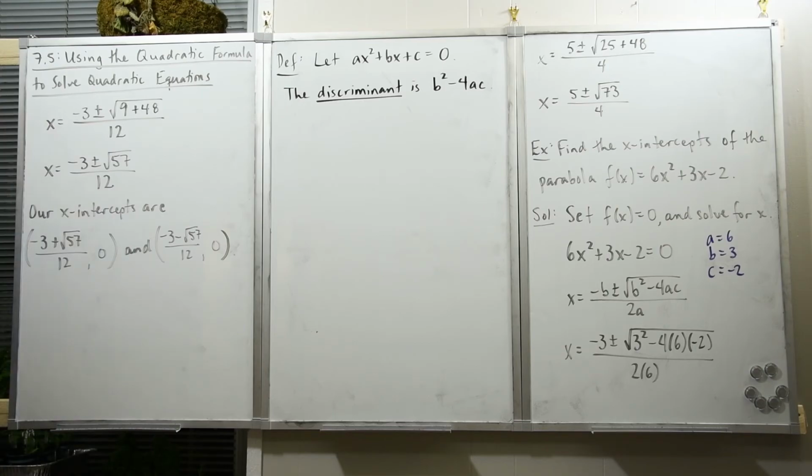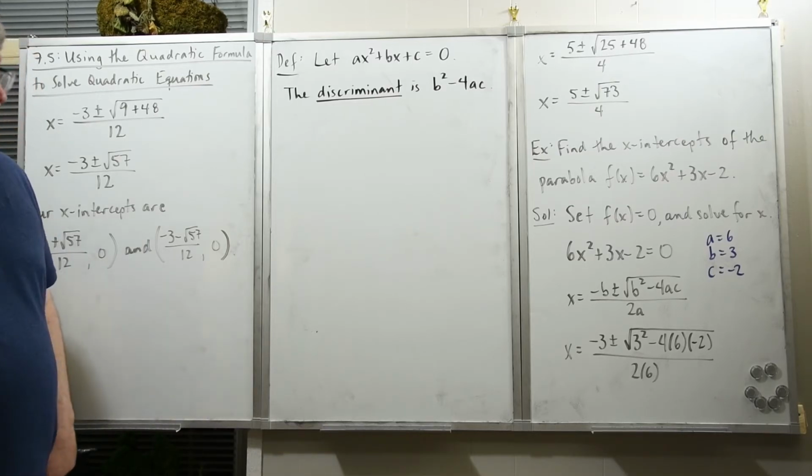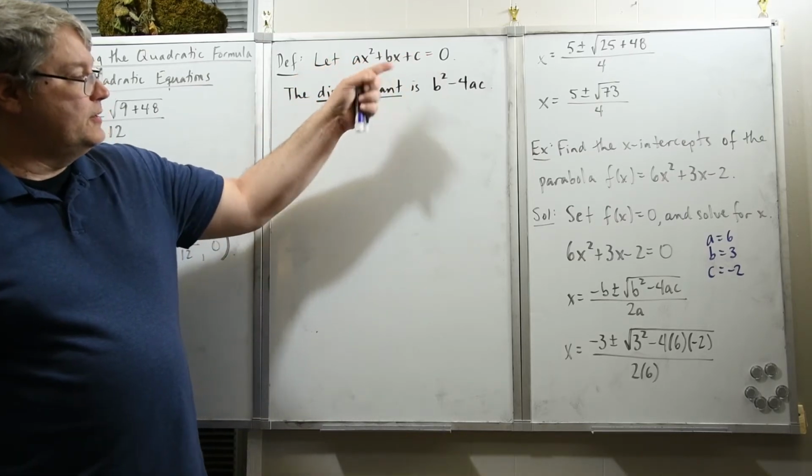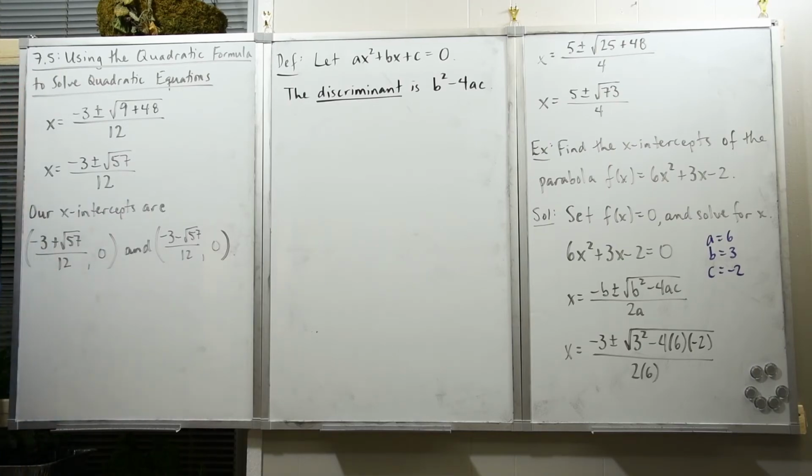Now, this discriminant is going to give us some information regarding the types of solutions we should expect when we use the quadratic formula. Or, in general, the types of solutions we should expect when we have a quadratic equation like this. So the discriminant, once again, b squared minus 4ac, is that expression that's underneath the radical in the quadratic formula.